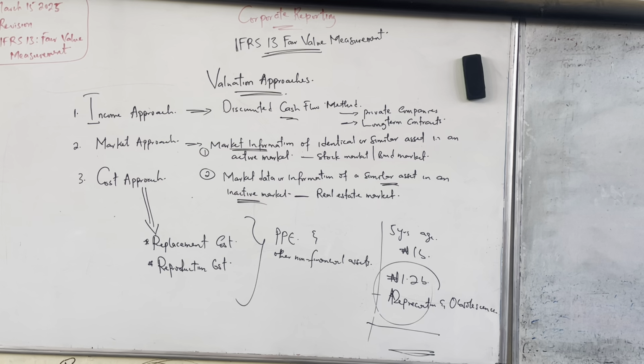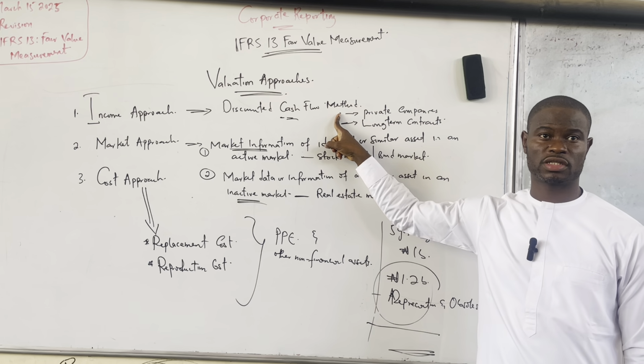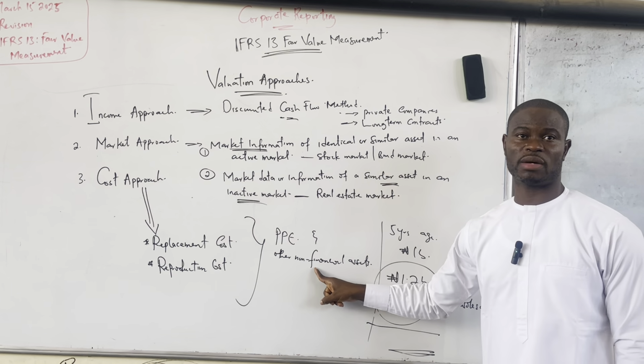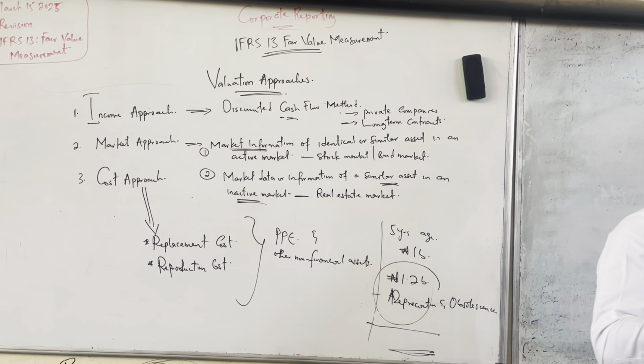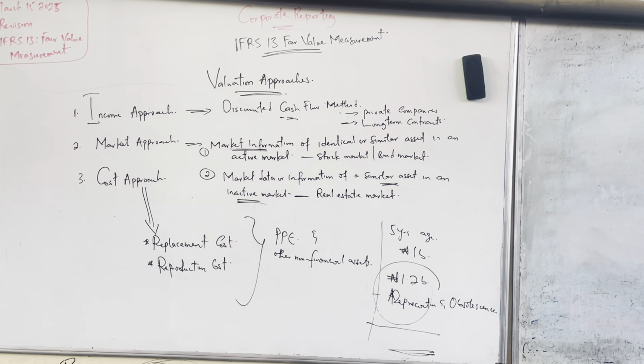That's two to each. Okay, your ability to actually tell them the method and examples, the method and examples, something like that, would have earned you your 6 marks. And those are the valuation approaches or valuation techniques to fair value measurement.